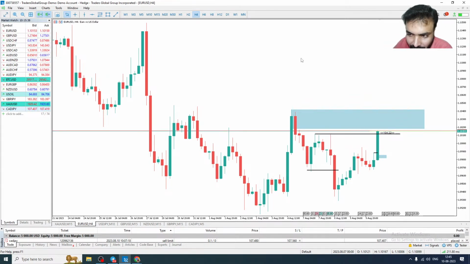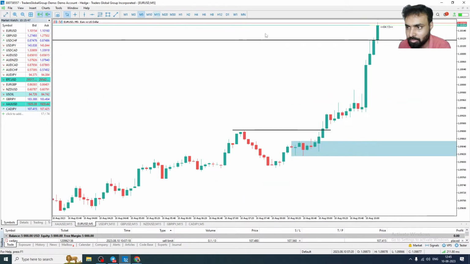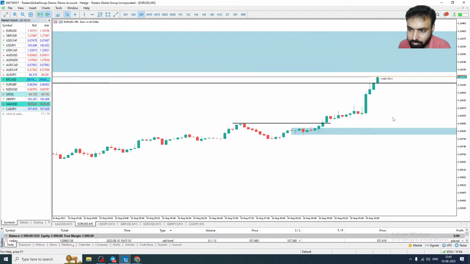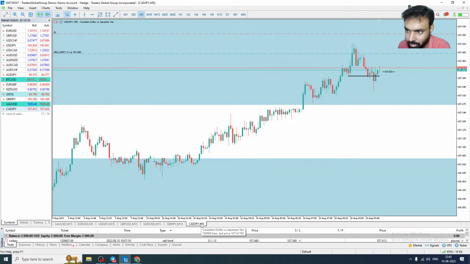It's gone above the equal high, right? Let's go to 5 minutes. CAD JPY is still struggling to go up.